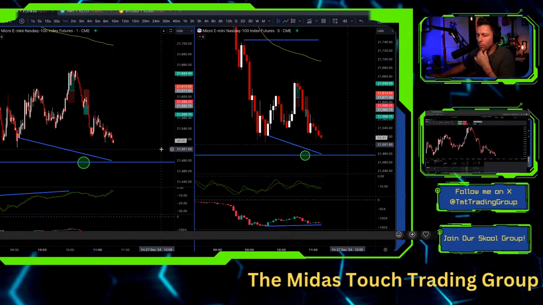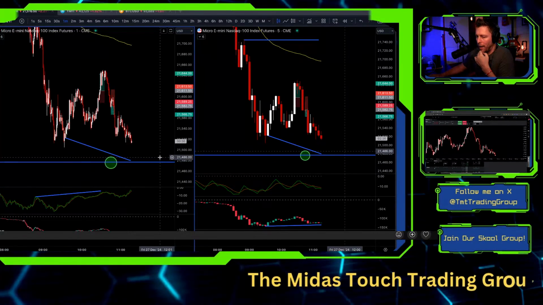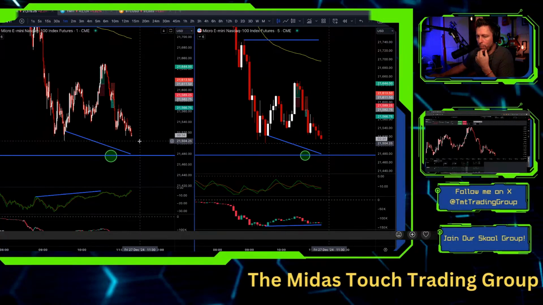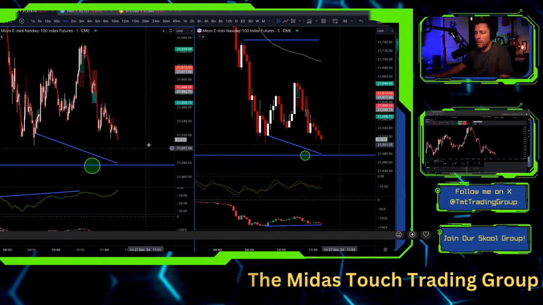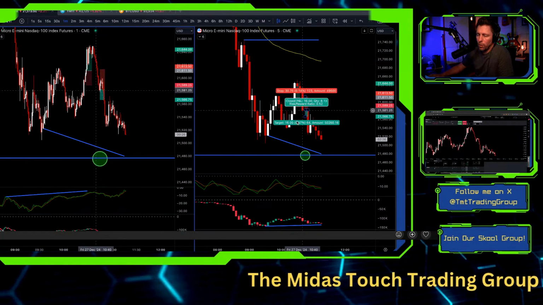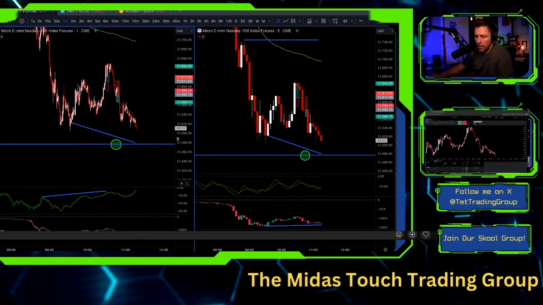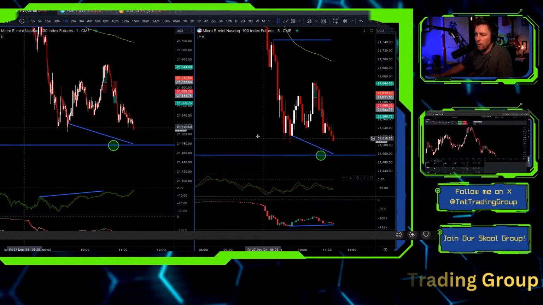Man, if we don't hold 21.5, I don't see why we would hold 21.48 other than it's just a previous daily low level. Then you've got structure to the downside. You've got a shelf up above acting as resistance. You're below VWAP.